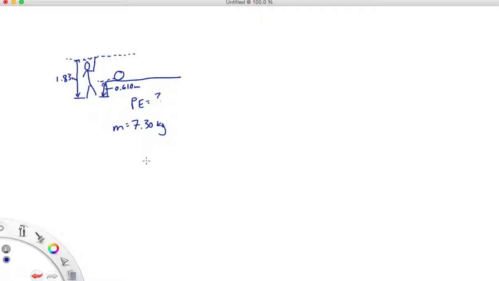So what is the ball's gravitational potential energy above your head? Above your head, it's going to be using this height over here. And we know what g is. g is always negative 9.81 meters per second squared. A little disclaimer about the negative here.